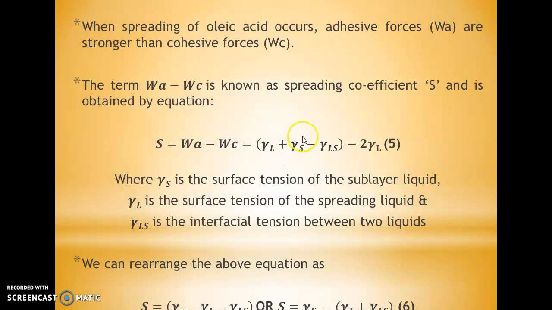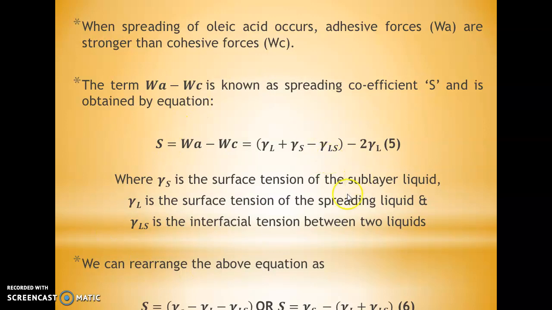If you substitute the values of WA and WC in this equation, we get gamma L plus gamma S minus gamma LS, minus the work of cohesion, that is twice gamma L. Here gamma S represents the surface tension of the sublayer liquid, gamma L represents the surface tension of the spreading liquid, and lastly gamma LS represents the interfacial tension between the two liquids.